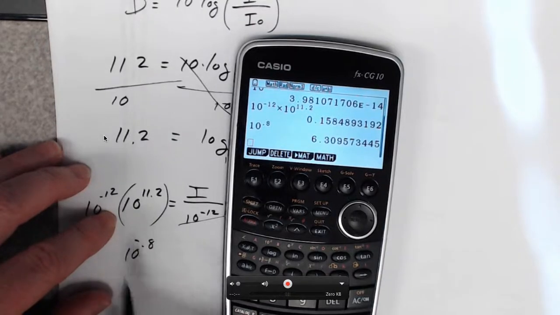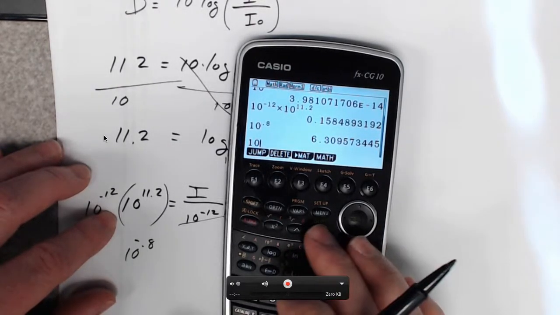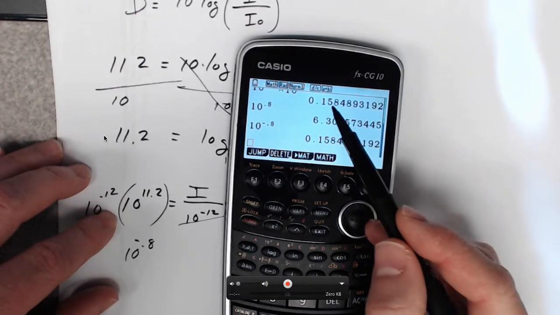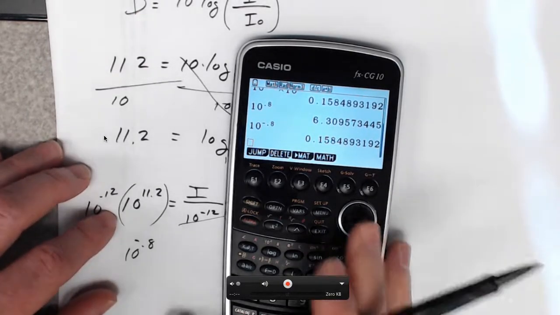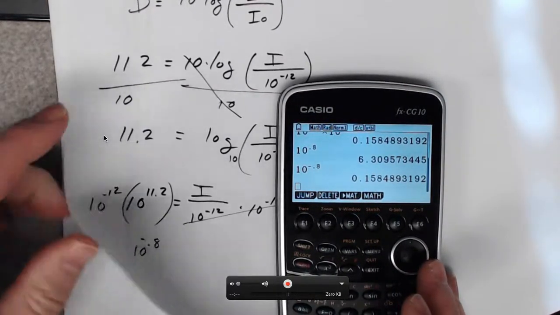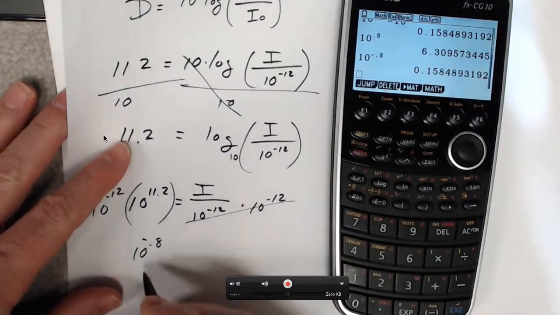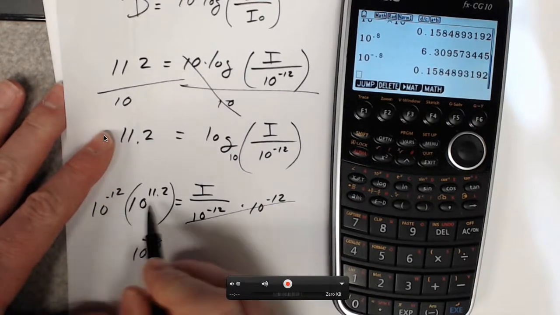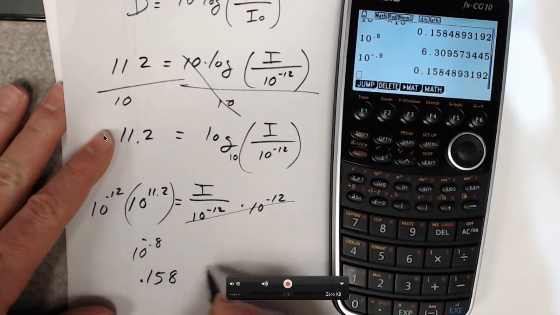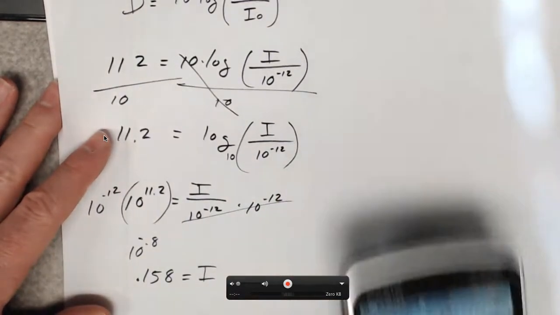Yeah, see, 0.1585. All right. So they want me to round this to 3 decimal places. So you can just calculate this in your calculator. 0.158, and then the 8 just stays there. So that's our intensity level.